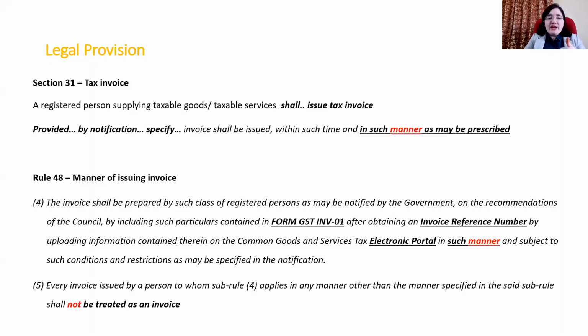If you refer to Rule 48(5), it says that if you have not issued the invoice in the manner prescribed, that is, the e-invoicing related manner, then that invoice is not treated as an invoice for the purpose of GST law. That means if you have not satisfied the criteria related to e-invoicing, then your invoice is not valid as per the GST law from 1st January, one can say.